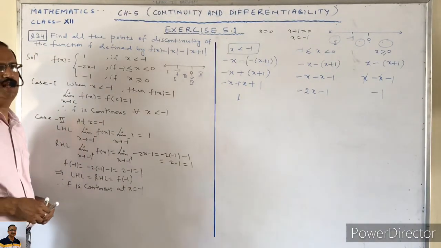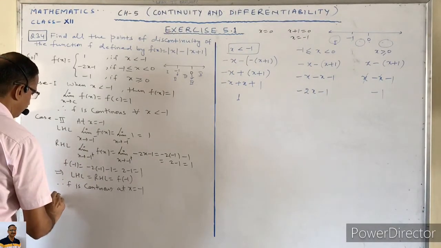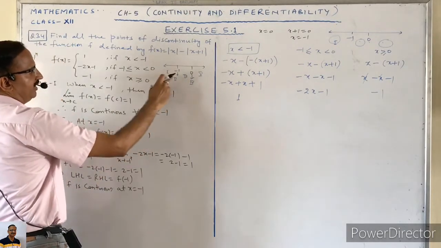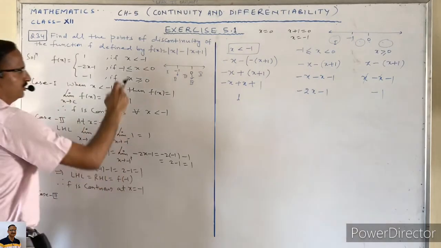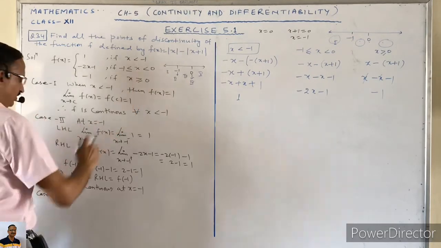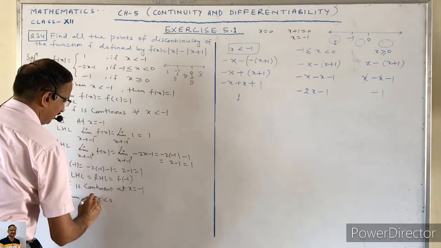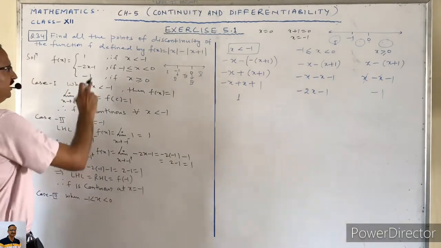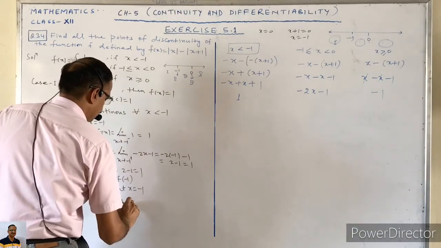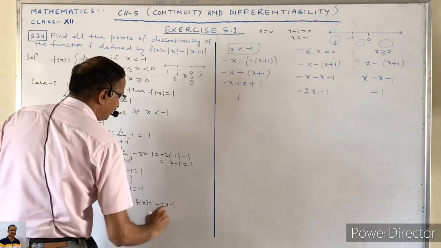Now we will consider the third case, case 3. It means when x lies between -1 and 0. So this is the case when x is greater than -1 and less than 0. So when x is less than 0 and greater than -1, then the function is -2x minus 1.